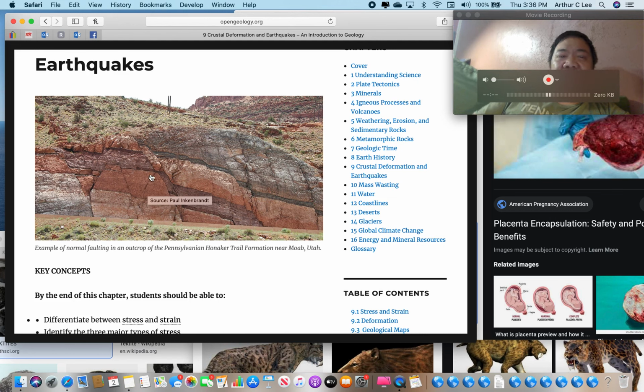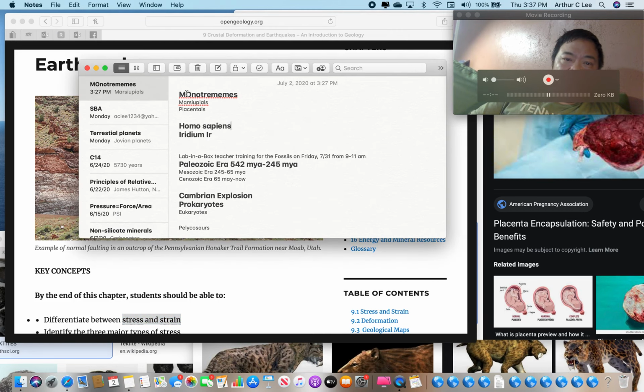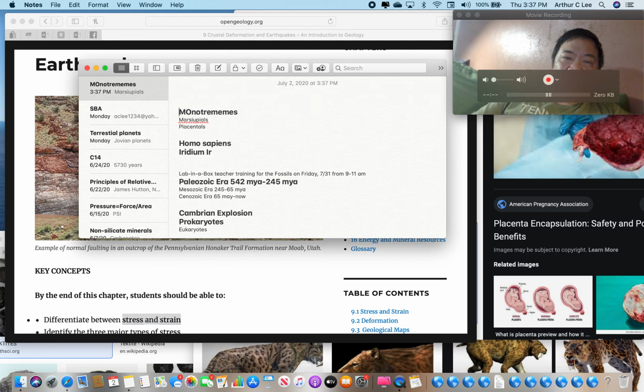What causes these faults? These faults are caused by stress. So we need to know what stress and strain are. Stress, let's first do it mathematically. You probably learned this in physics.